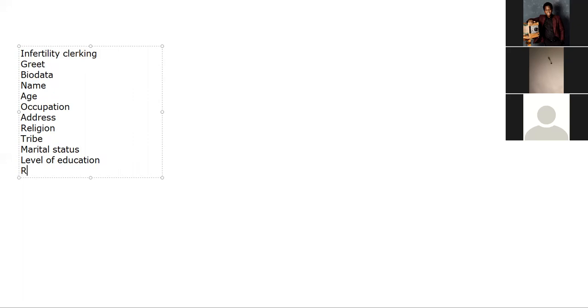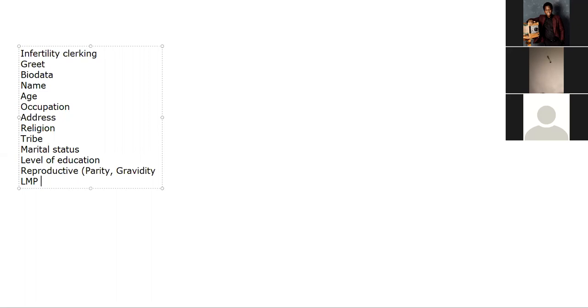So for reproductive profile, you know what to ask. The first thing you want to know is the parity. You want to ask about the parity, the gravidity. You also want to know about the LMP, and maybe the last confinement.